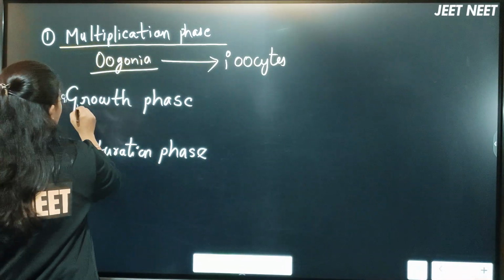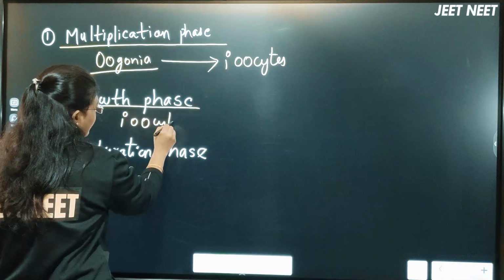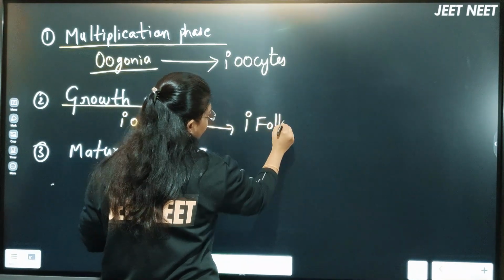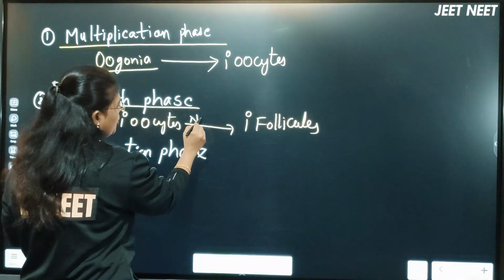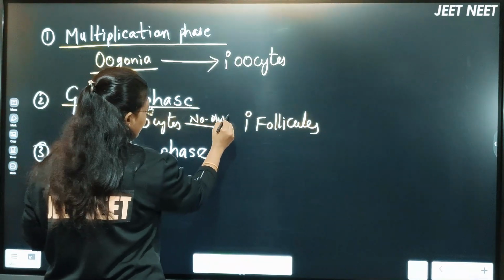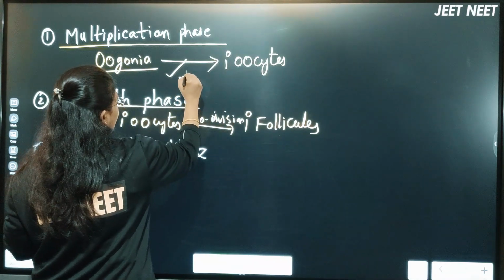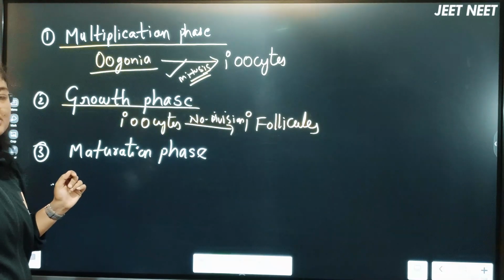In the growth phase, the primary oocytes convert into primary follicles. Does any division happen? No division happens, just the size of the cell increases. The division that happens is mitosis. Clear these points?